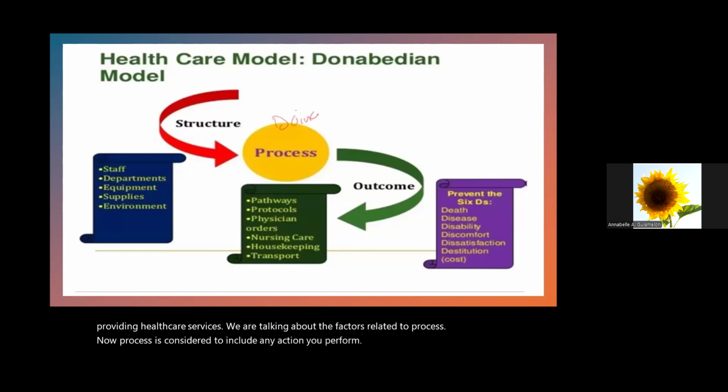For example, it takes from when a sample is taken from a patient, the turnaround time, until the test results are ready. That is called a process indicator. This includes housekeeping processes, cleaning procedures, nursing care, physician orders, the transportation, and any processes you perform. They all fall under the process category.